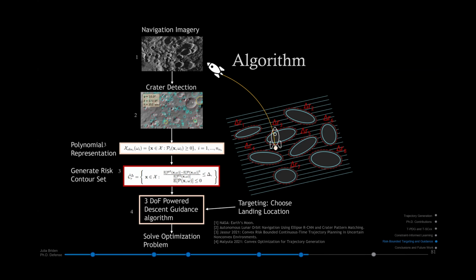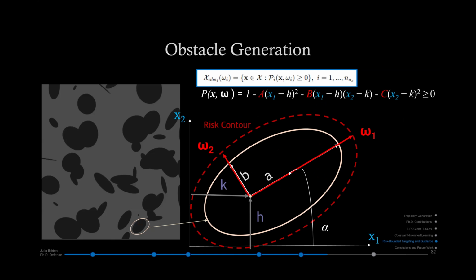And then finally, generate a set of risk contours, and over that discretized set of risk contours, we can find where exists the minimum risk landing location and find that autonomously just from an image. Specifically, we plugged this targeting algorithm into 3 degree of freedom powered descent guidance, specifically lossless convexification, and then solve that optimization problem.